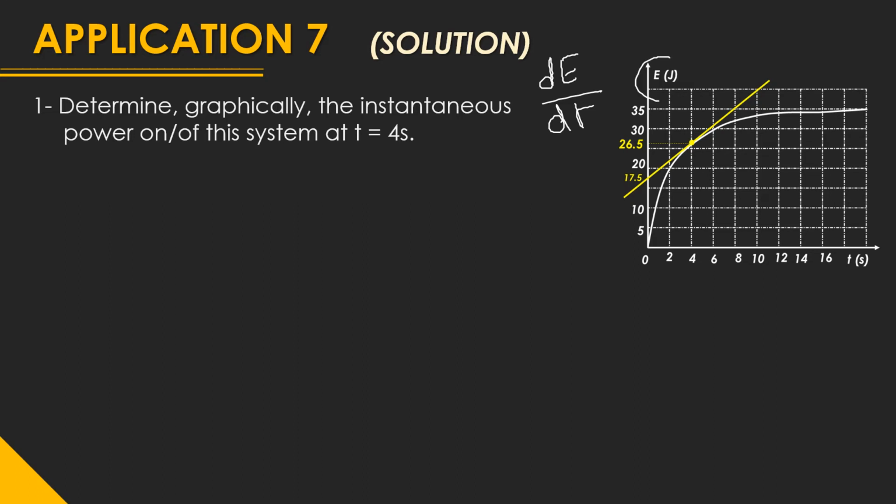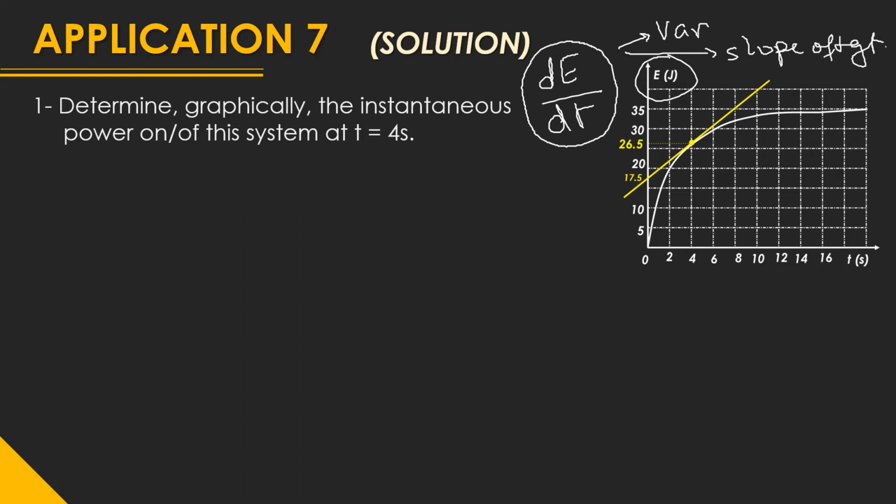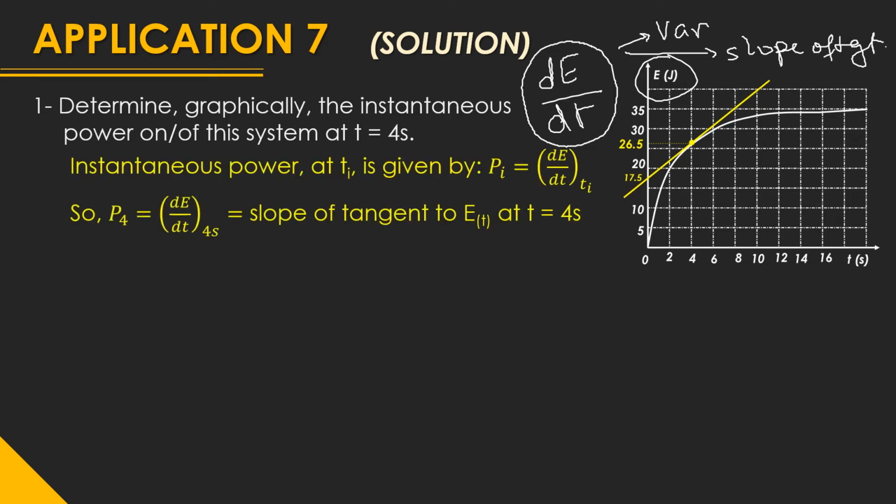Because the graph here shows E. Now we know that dE by dt is, from one side, variation and, from the other side, the slope of the tangent. The good thing is that the graph here shows that tangent. Instantaneous power is given by dE by dt at this instant. So P at 4 equals dE by dt at time equal to 4, which is the slope of the tangent at that instant.